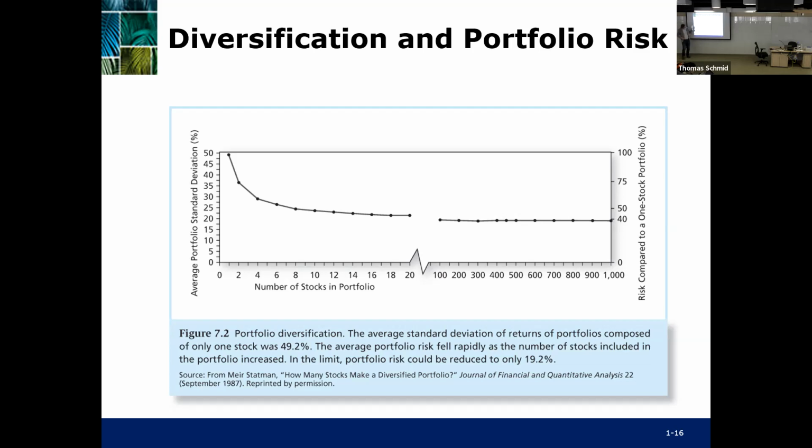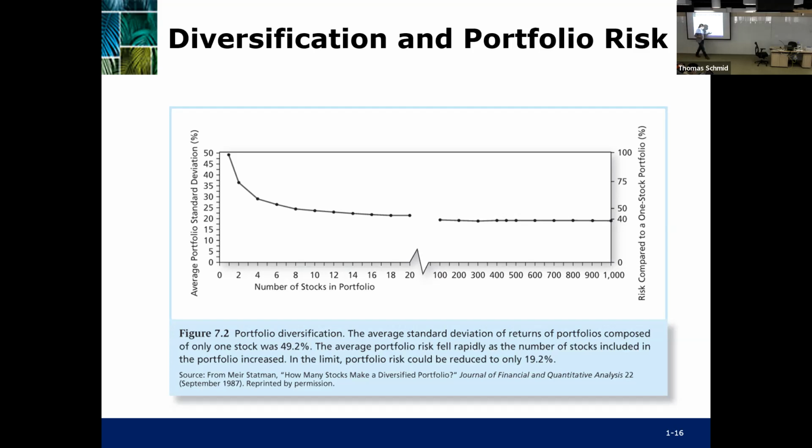So what they find is that even if you have only 20 stocks, your diversification benefit is already quite pronounced. If you go from 20 to 100 stocks, there is not a lot of further risk reduction. A little bit, yes, but not a lot. If you go from 100 to 1,000, there is nearly no risk reduction anymore.